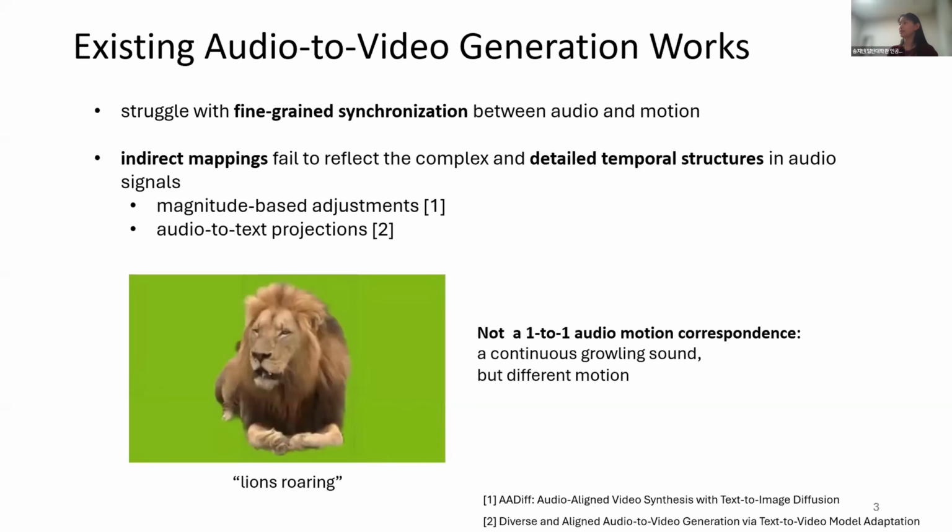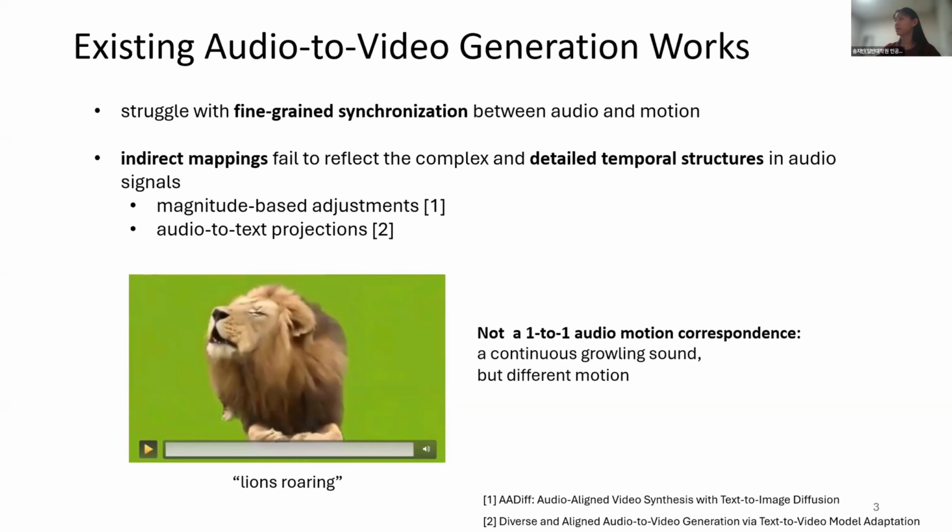Magnitude-based adjustment multiplies the audio magnitude to the attention score, which doesn't align with real-world scenarios. As shown in the video, audio has a continuous rolling sound, but motion keeps changing across the temporal axis.